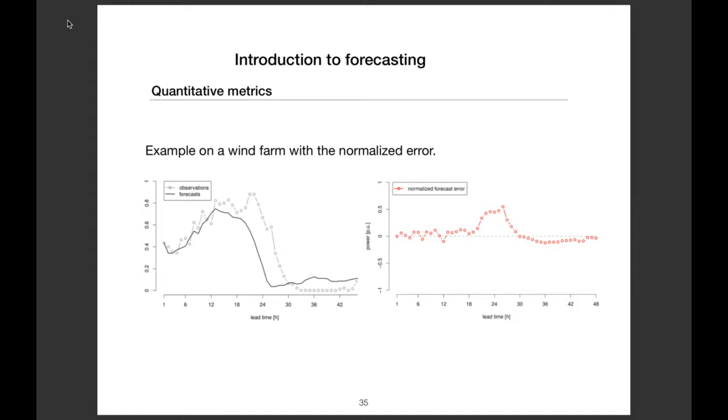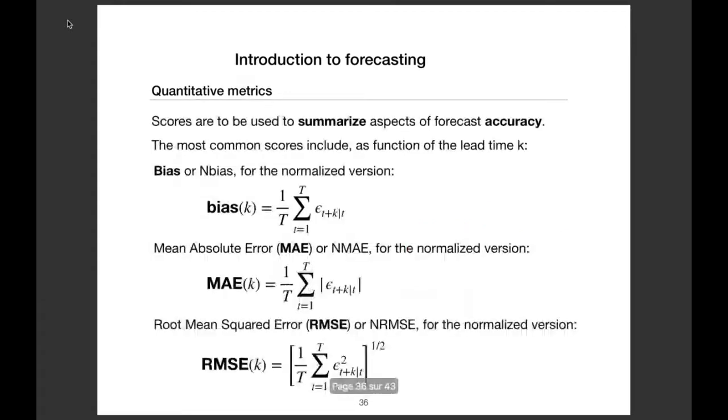But between 18 hours and 25 hours, the forecasting error is increasing, and that corresponds to the phase error. And then it comes back to a smaller error. So this is one way of doing a quantitative analysis. You can just plot the normalized forecasting error for each lead time.